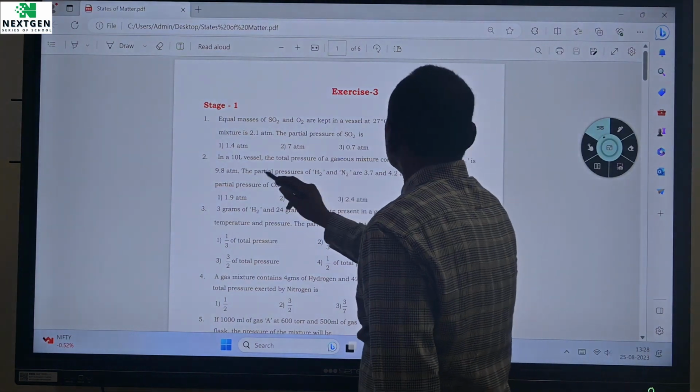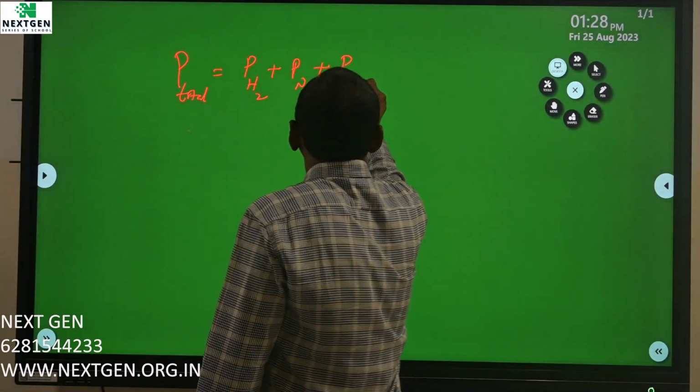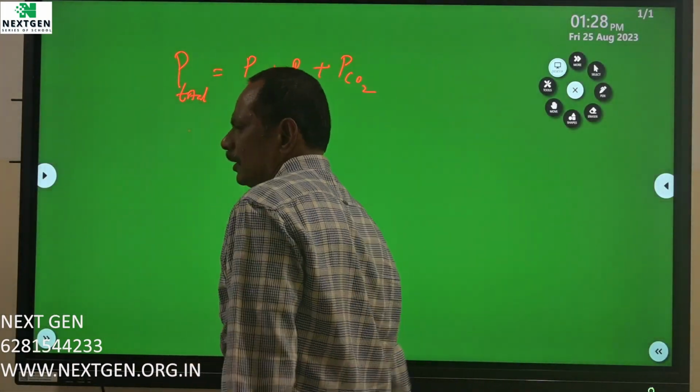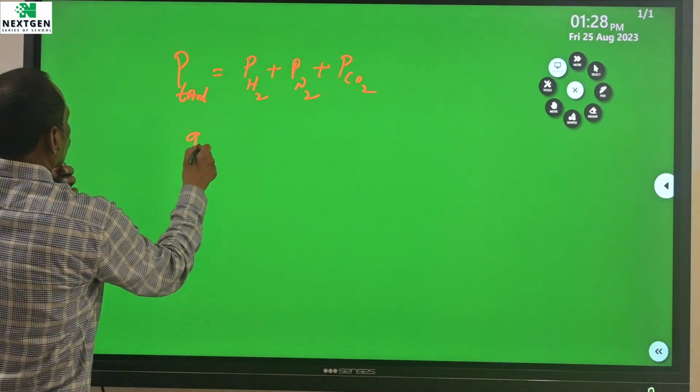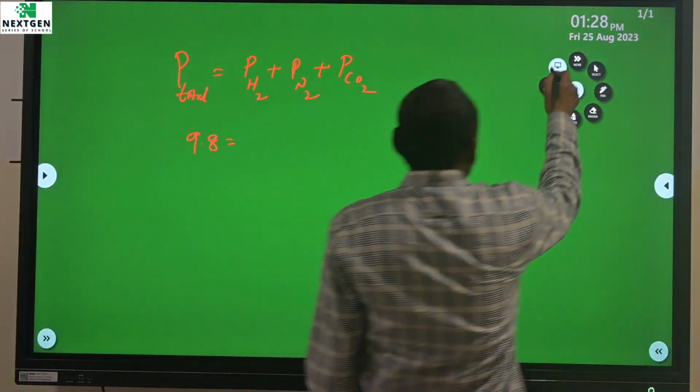What is the third gas? Hydrogen, nitrogen and carbon dioxide. Carbon dioxide.